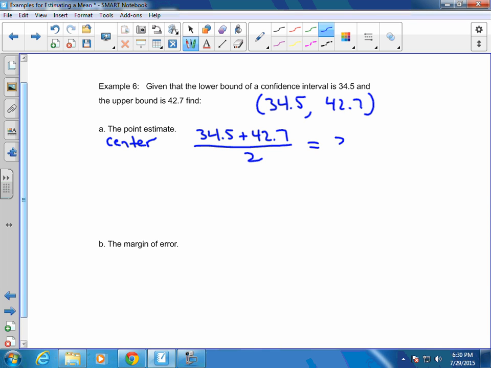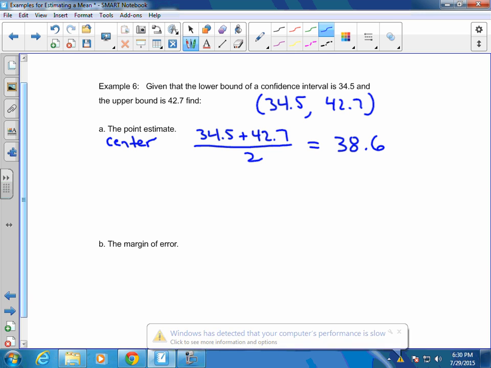So in this case, we're going to end up with 77.2, so divide that by 2, 38.6. That would be our center. So if this was a confidence interval for a population mean, that 38.6 would be our sample mean, x bar.